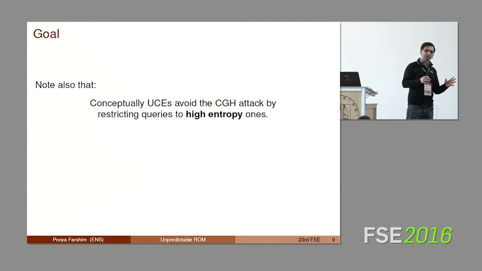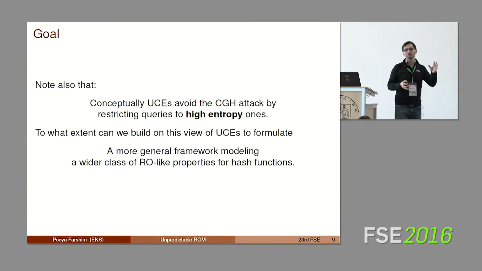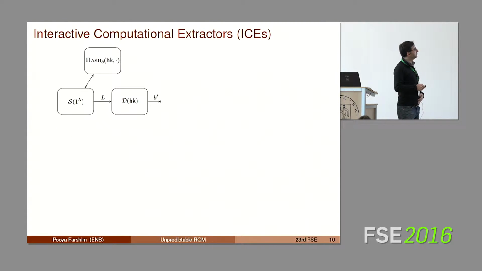So now let's look at a model where the adversary can talk to a box, which is a hash function or random oracle, but the queries are unpredictable. So can we build in this intuition to have a more general framework where we directly try to model this property of being random oracle-like under unpredictable queries?